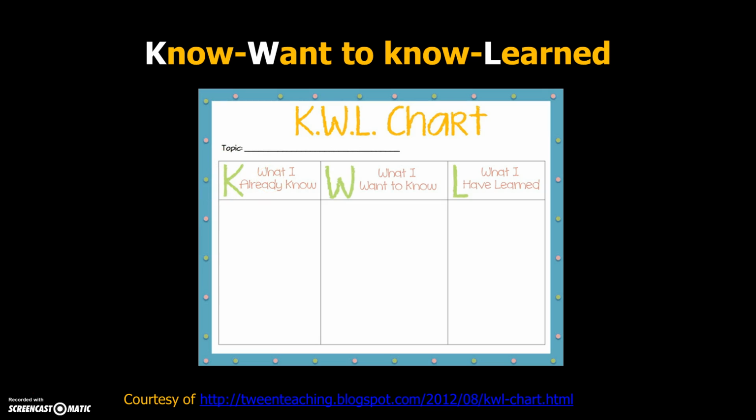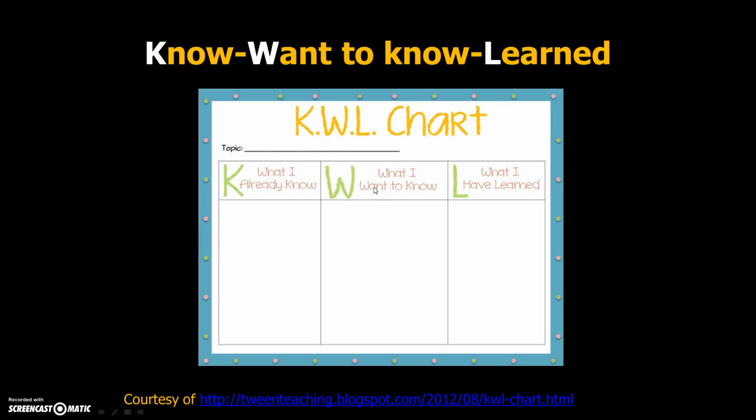And as they name things that they already know about, for example, they might be familiar with Martin Luther King, they might know Rosa Parks, they might know about the bus boycott, as well as some other things like the March on Washington. You might list what they say in this column, and that activates students' prior knowledge. It also introduces some content to students who are not familiar with the civil rights movement.